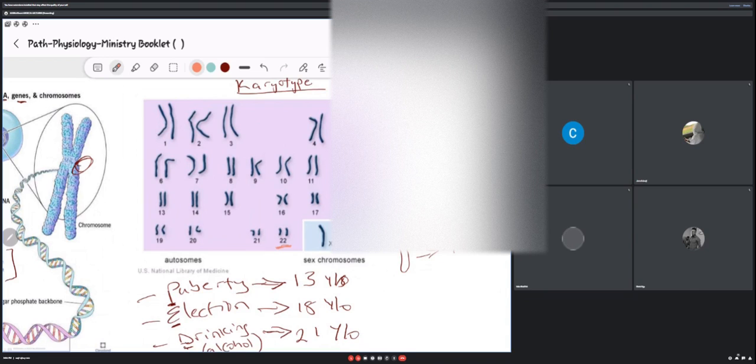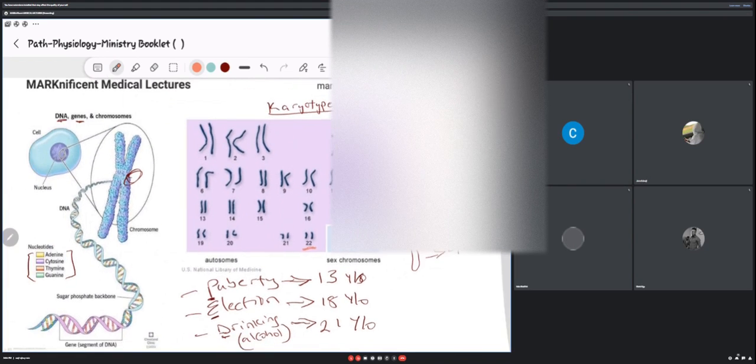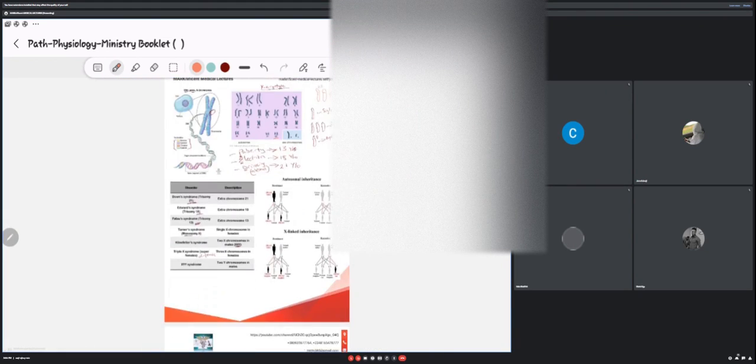But in DiGeorge syndrome, you have a deletion. The upper part is called the short arm, and the lower part is called the long arm. So there's a deletion of the long arm of one of the chromosomes on number 22 of the autosome. So that's what DiGeorge syndrome is.